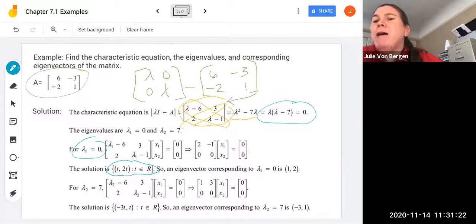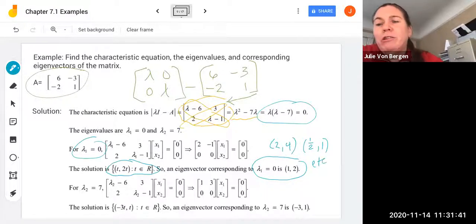And so there's infinitely many possible eigenvectors. So one eigenvector corresponding to lambda 1 equals 0 is 1, 2. You could also have 2, 4. You could also have 1/2, 1. So there are infinitely many possible vectors here that might be solutions.